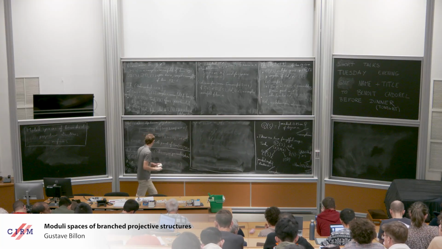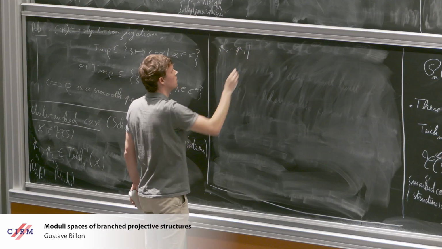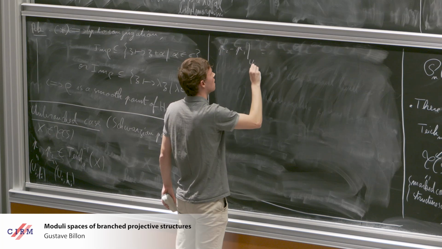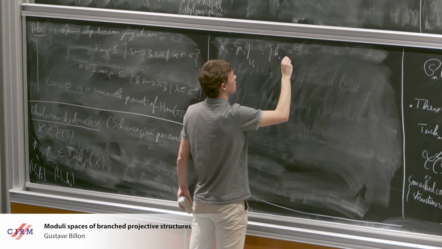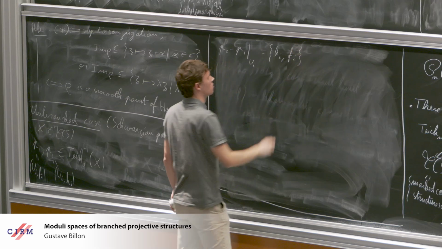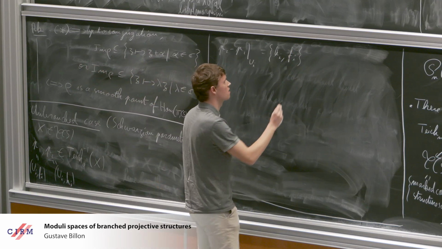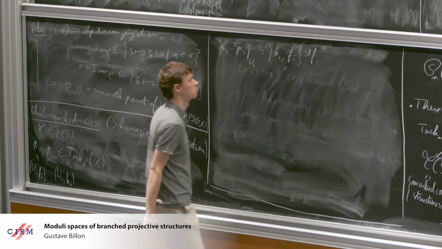Then on the open subsets Ui, I can define the difference P2 minus P1 as the Schwarzian derivative of the holomorphic map hi in the charts fi, times dfi squared.